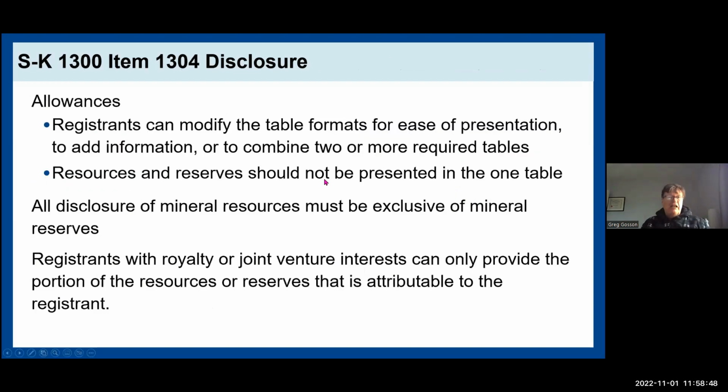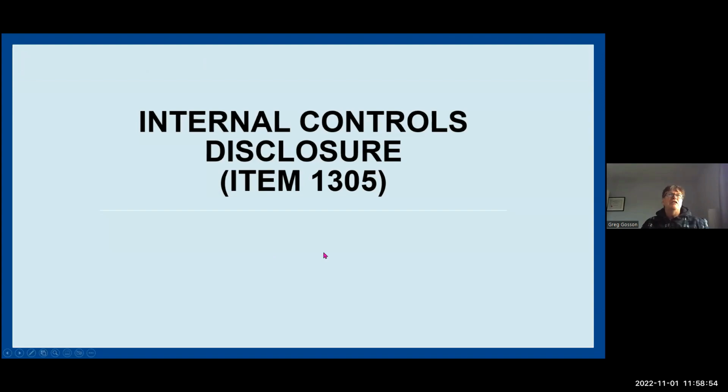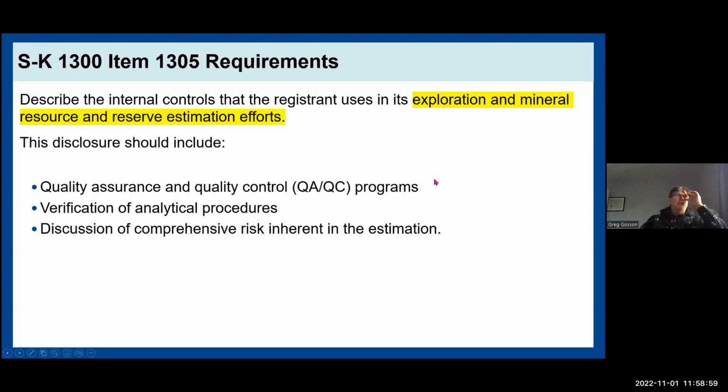And there are allowances where you can modify your table if it helps with your presentation. Internal disclosure controls, this is the last item I'm going to go through. Here's what it says: the company registrant must describe their internal controls over exploration, mineral resource, and reserve estimation. That does include whatever you're doing for QA/QC, verification of analytical procedures, and discussion of risks, but it's more than that.